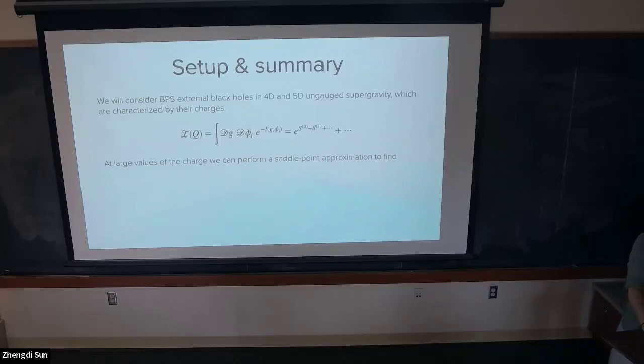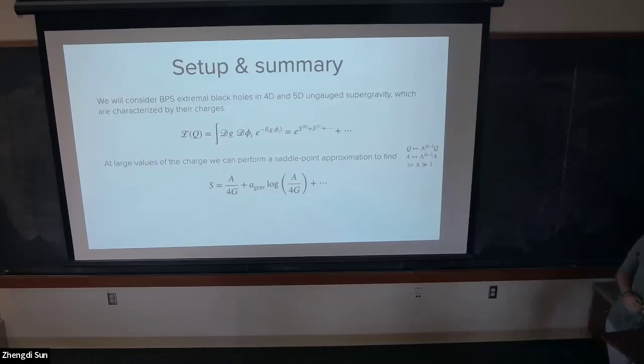At large values of the charge, we can perform this path integral via saddle point approximation. When you do that, you find our favorite formula. The way that you should take the charges to scale is what I wrote here on the right-hand side.